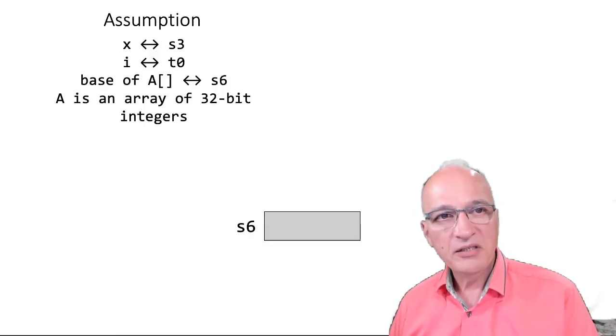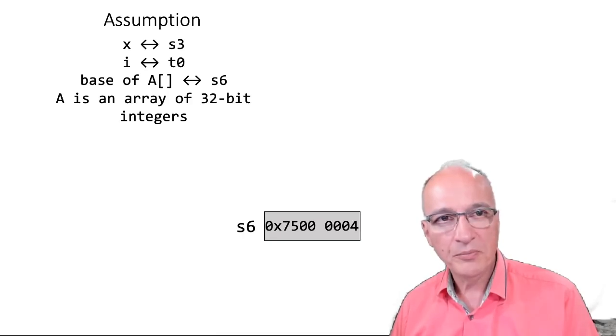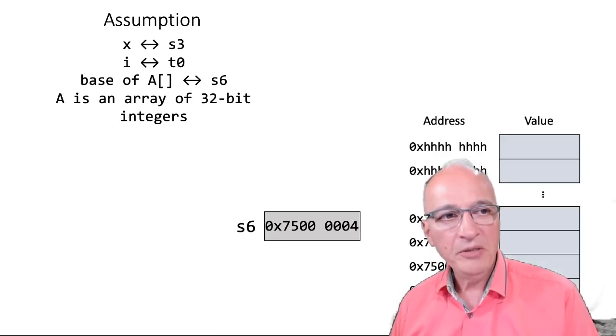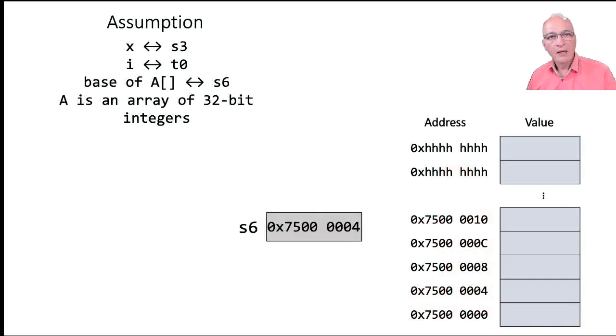Here is S6, and for this example, let's assume that S6 contains the address 0x7500-0004. So here's our memory. Let me get out of the way. And in our memory, we are increasing the addresses by 4, which means that each one of these boxes contains 4 bytes or 32 bits in this representation.